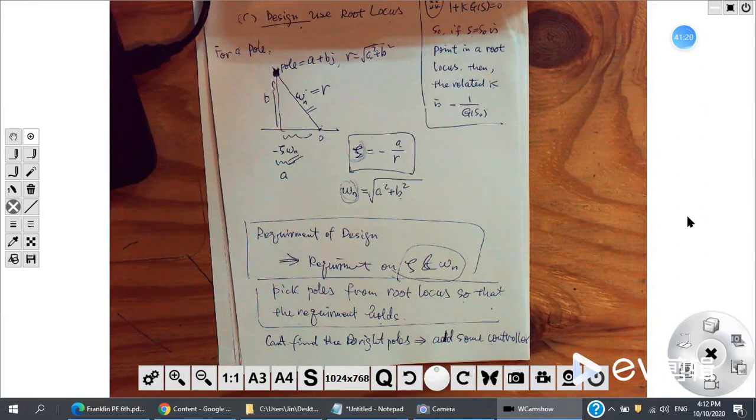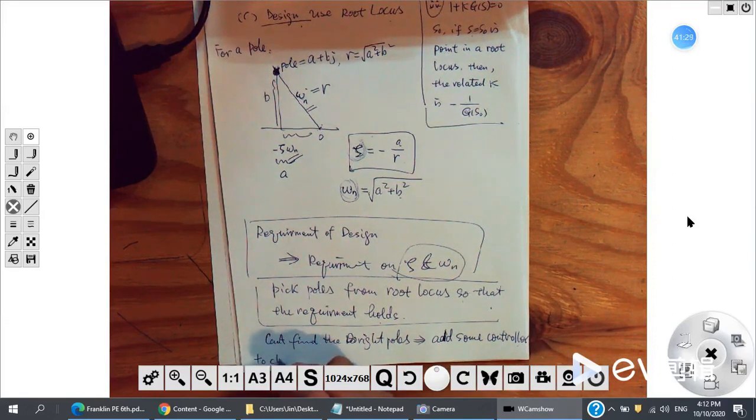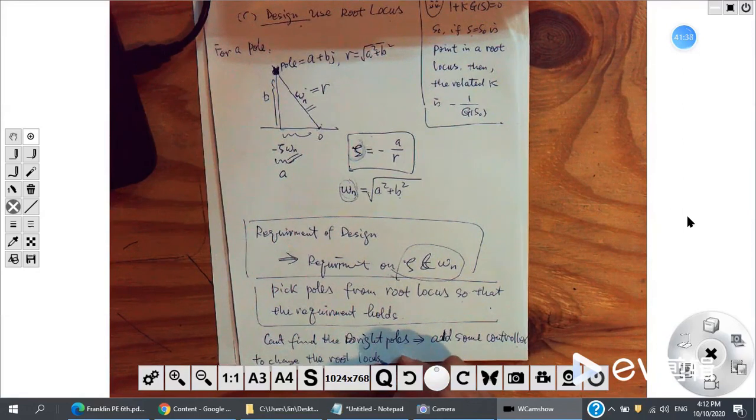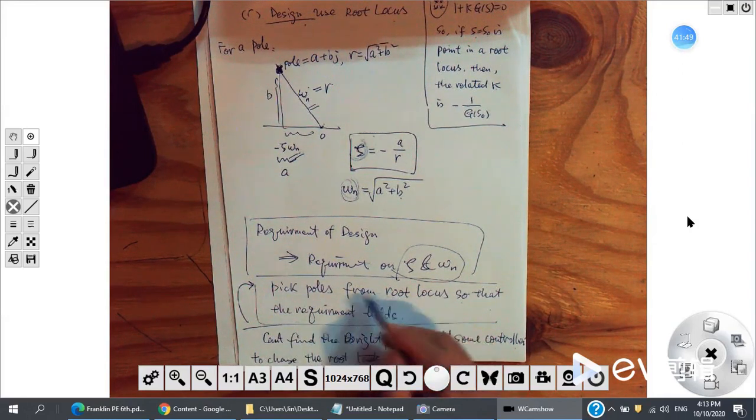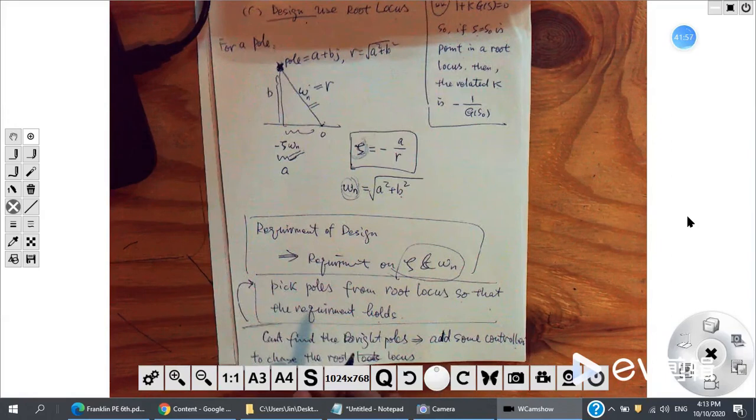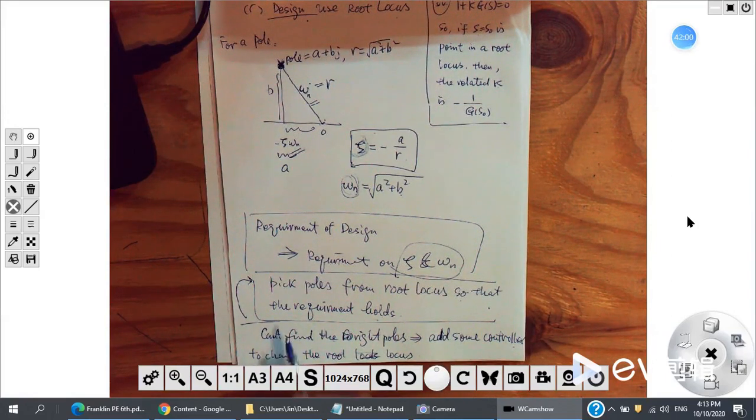Actually, not just those. You can try more if you want. You add some kind of controller to change the root locus, and then you can pick poles again. If you get it, you're done. If you can't find the right poles, you change again. So this is design. This is how to work in a design way.